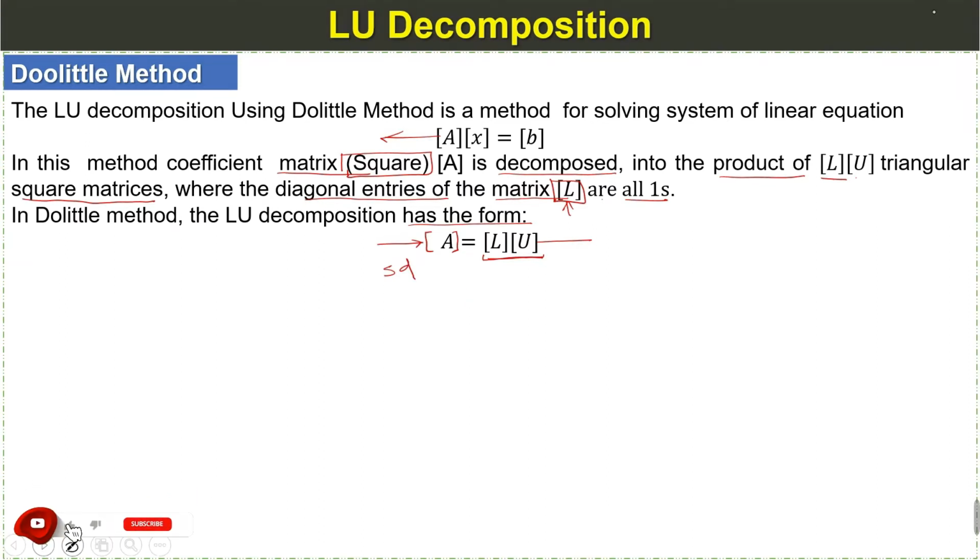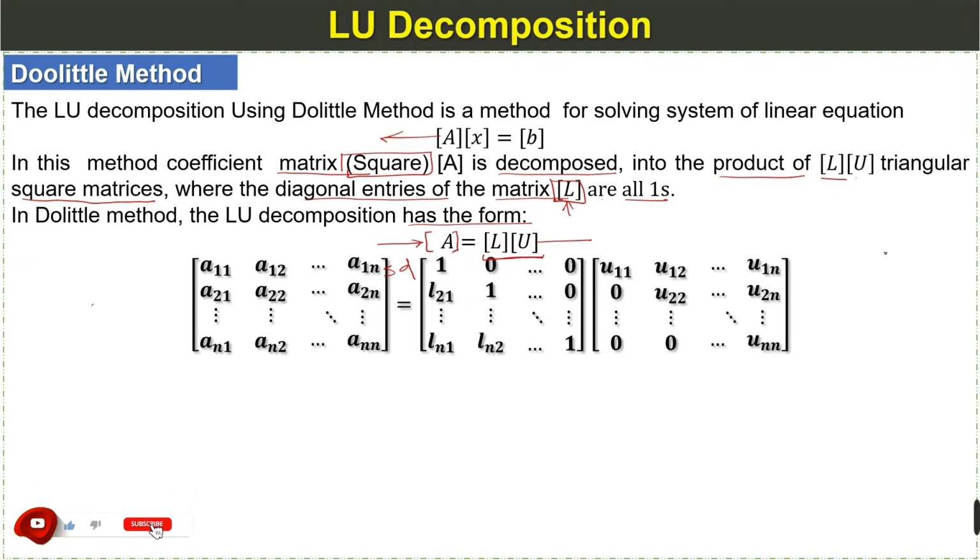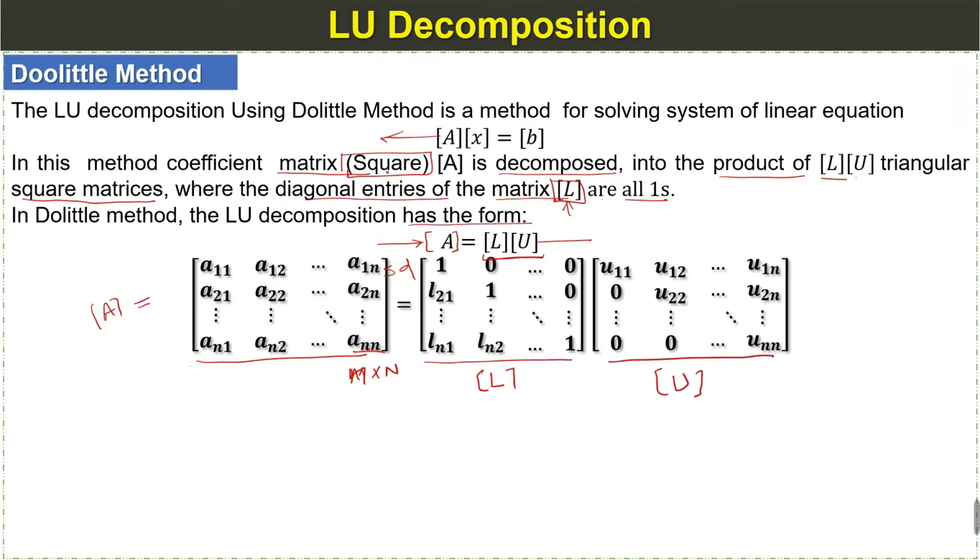Okay, so in general form, the coefficient matrix we have is a square matrix A of order n cross n. This one is decomposed into the product of a lower triangular matrix and an upper triangular matrix. Here we can see that all the diagonal entries are one, and above the diagonal entries all are 0.